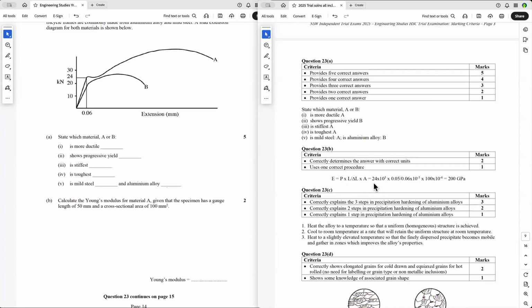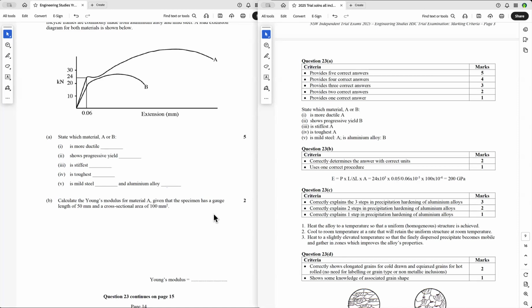And so you've got the 24 times 10 cubed. So that's the load up there, 24 kilonewtons, 24 times 10 cubed, times 0.05. And the gauge length is 50 millimeters, which is 0.05 meters, divided by delta L, right?